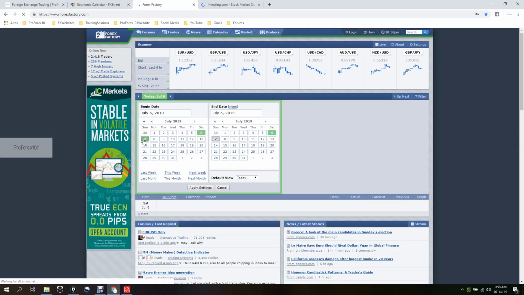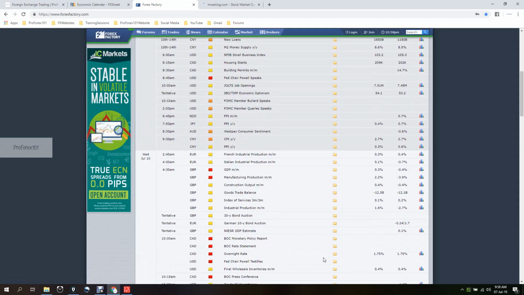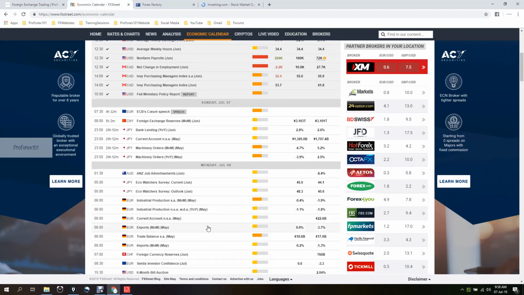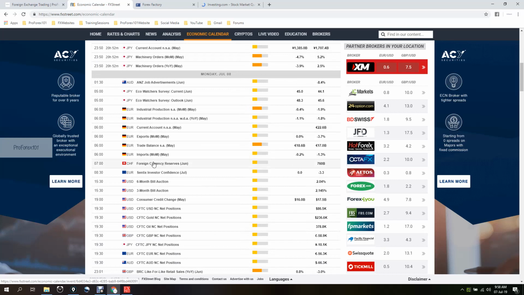When you go to their homepage, it comes up to their calendar automatically. Okay, so it's nothing on for today. Let me just choose this week, so it'll show all the economic indicators for this coming week. Okay, so don't get confused guys, they're the same thing. When people say fundamentals, they are economic indicators, and some people call them economic fundamentals or news.